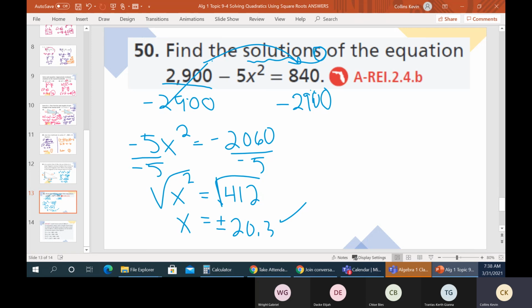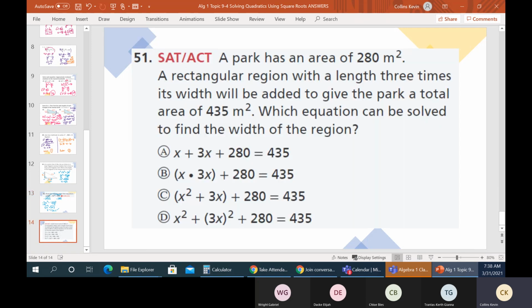All right, one more and we're out. SAT time. This would be an SAT question as well because there's 4 answers instead of 5. ACT, there's 5 answers to choose from. All right, so let's look at this bad boy. So it says the park has an area of 280 meters squared.